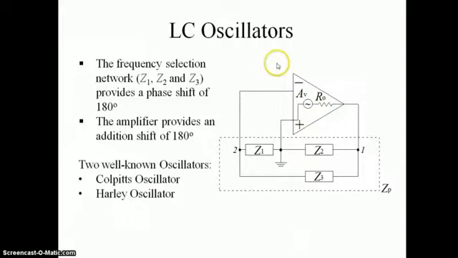Now we are moving to LC oscillators. In terms of LC oscillators, there are a few advantages and a few disadvantages with respect to RC oscillators. Normally LC oscillators are of two types. Here we are discussing the Colpitts oscillator and the Hartley oscillator.